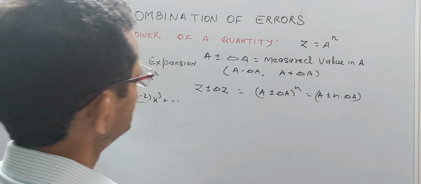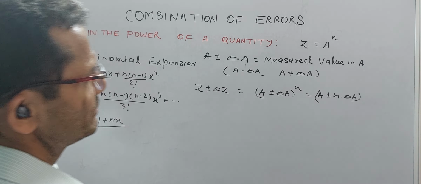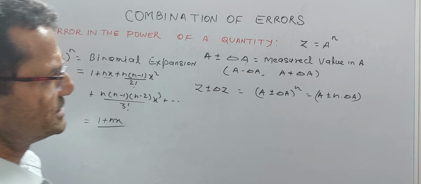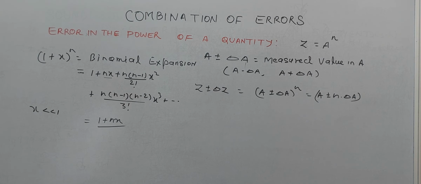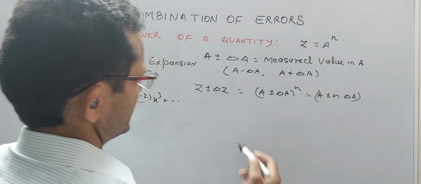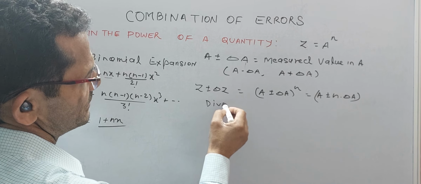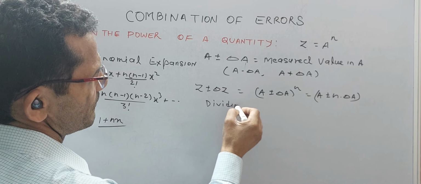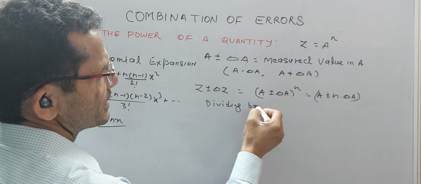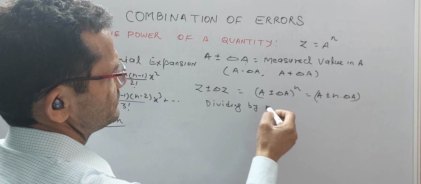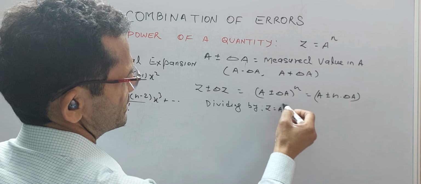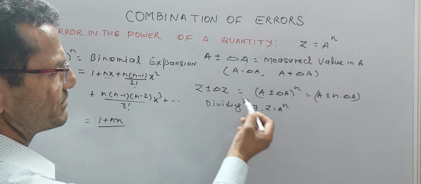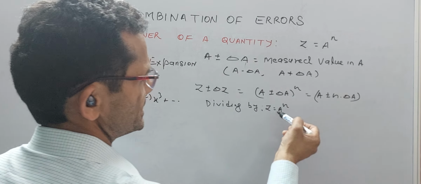So now if I divide the whole term, where z is equal to a raised to the power n, on the left hand side we have to divide by z, and on the right hand side we have to divide by a raised to the power n.